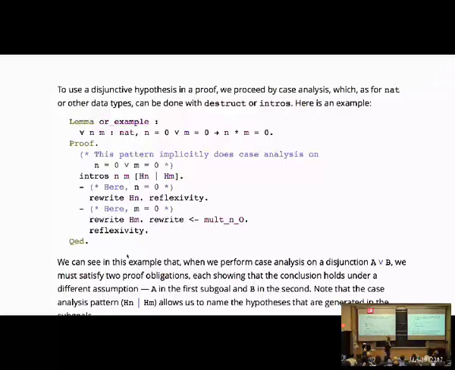So, let's see, shall we actually look at it in the IDE? No, let's not bother. So if we do this intros, notice that in the intros, there's an as pattern with a vertical bar in it.